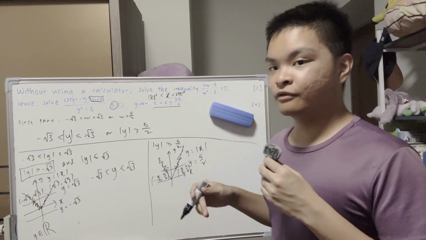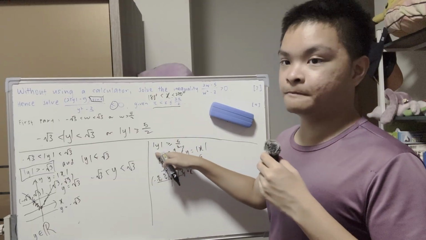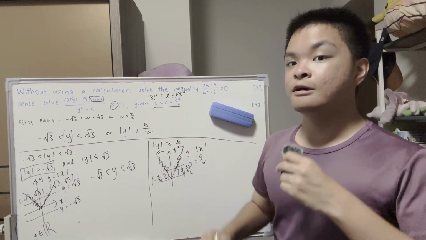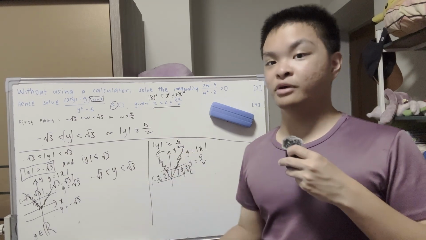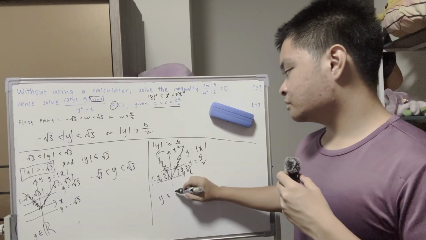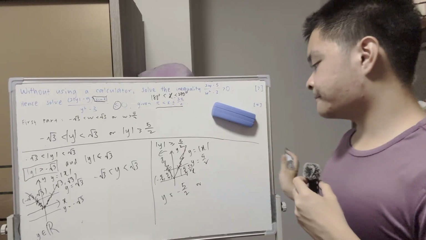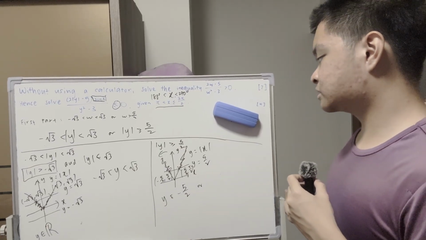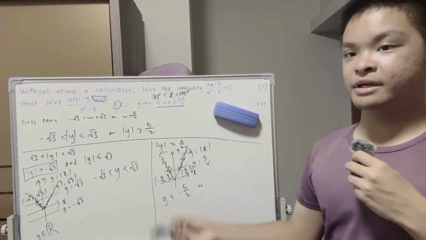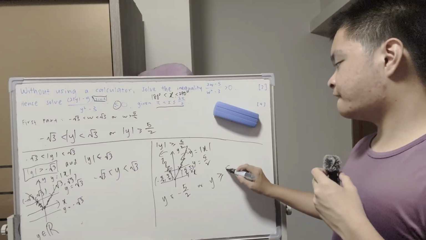So from the graph, we can see that our y value is extending to the left of this point of intersection, meaning that it's going to be getting more and more negative, meaning that my y is less than or equal to -5/2. And there's another case where it's extending to the right of this point of intersection, meaning that my y can also be more than or equal to 5/2.